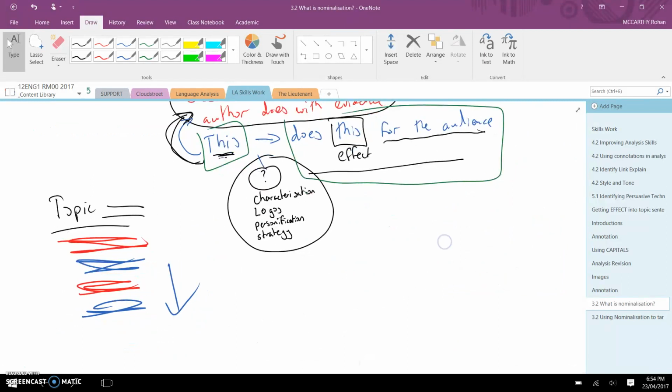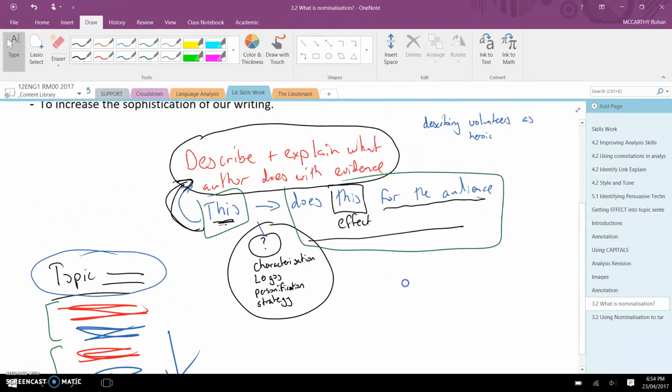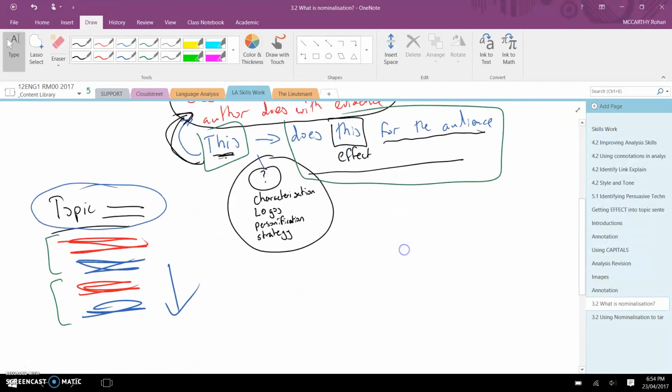If you think about a paragraph, essentially what you're doing is you've got your topic sentence, or your topic sentences, which describe the argument and explain what you're going to be talking about in your paragraph, and then you essentially have got these little chunks of description and evidence followed by some sort of analysis. So it doesn't always have to have this.